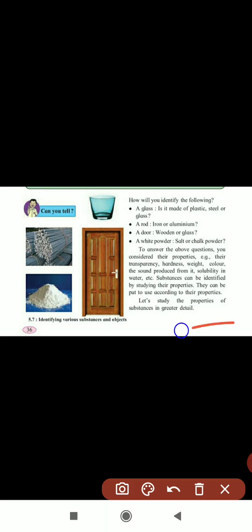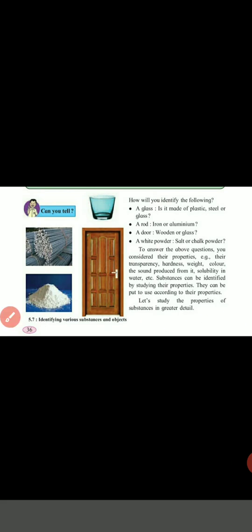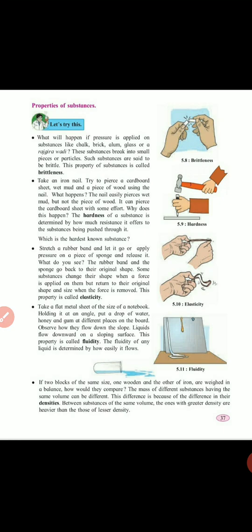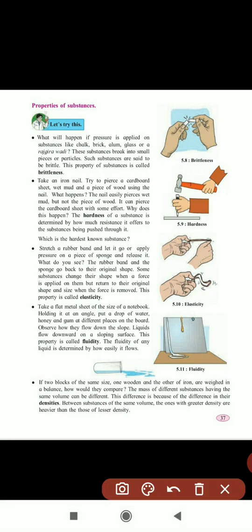So today we will see the next part, that is very important, the properties of substances, children. For that, first, one picture is shown here. What will happen if pressure is applied on chalk, bricks, glass or rasgira?